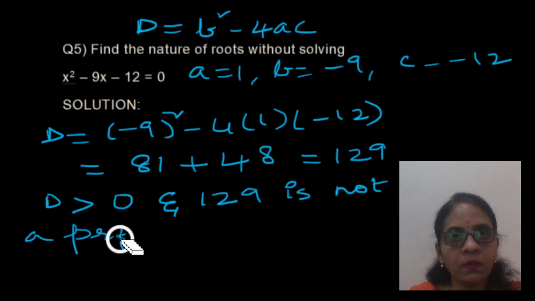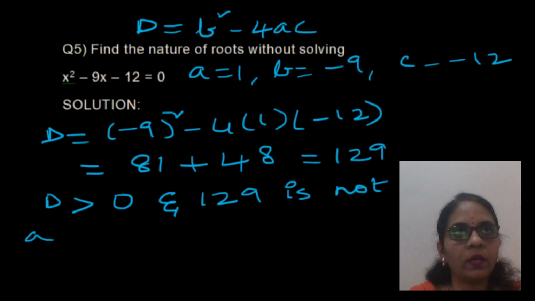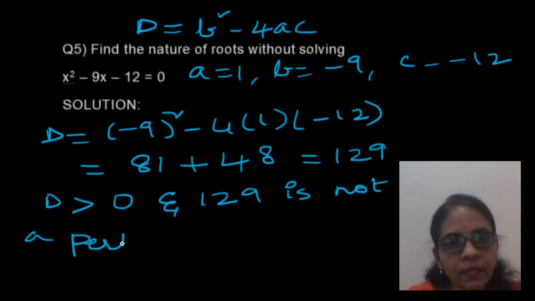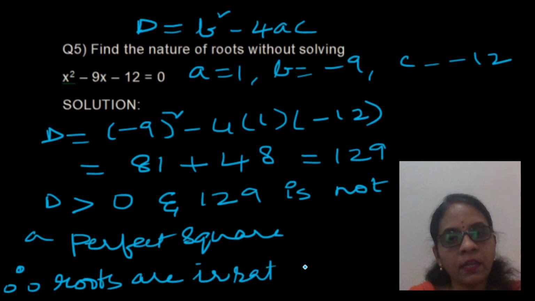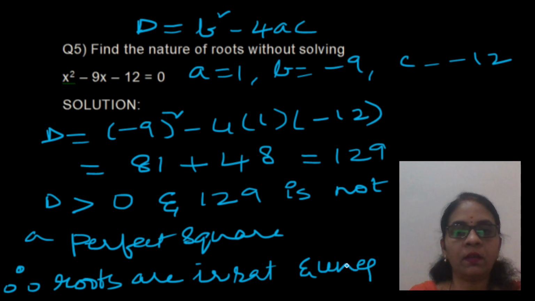So it's not a perfect square. Therefore, roots are irrational and unequal.